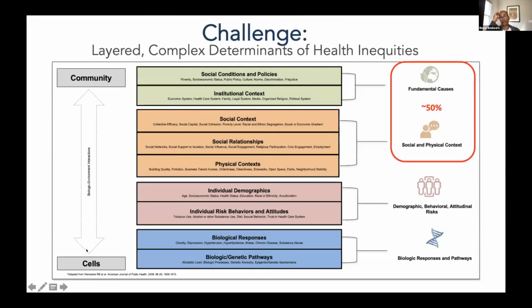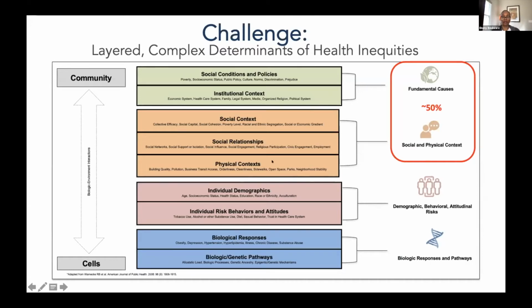And I like to think about health inequities in the context of this ecological model, which I did not develop. There's many different ecological models out there, but it just demonstrates the link between what we're seeing at the cellular level to what happens in the community level, and how those things play together on health and well-being.